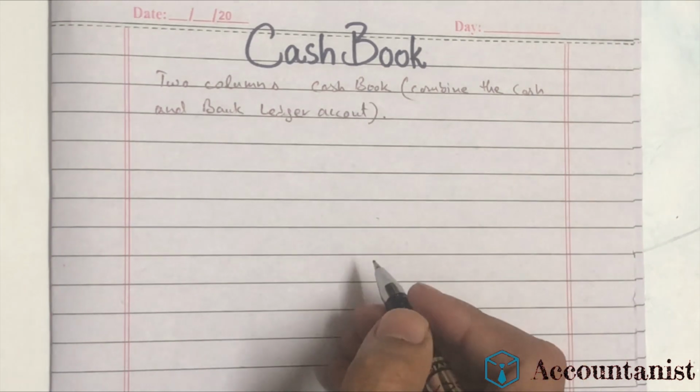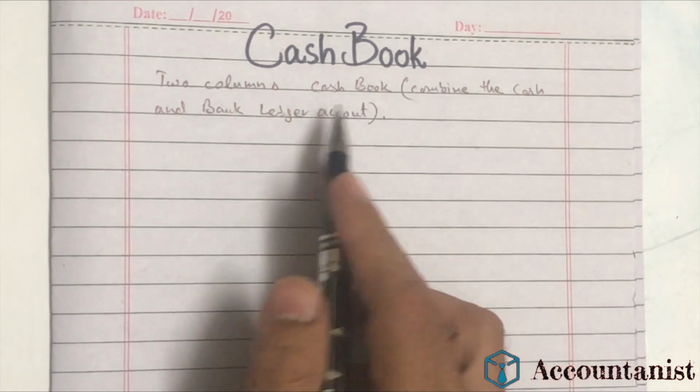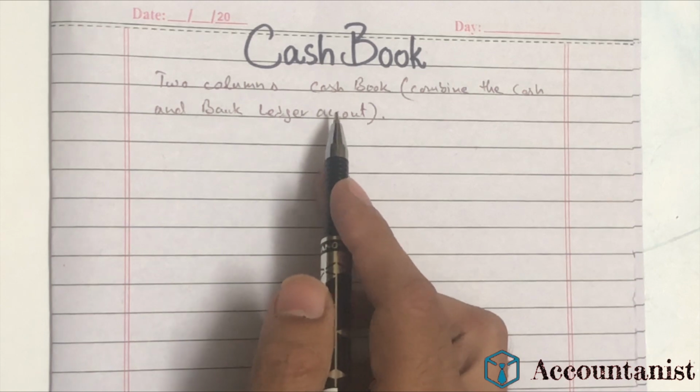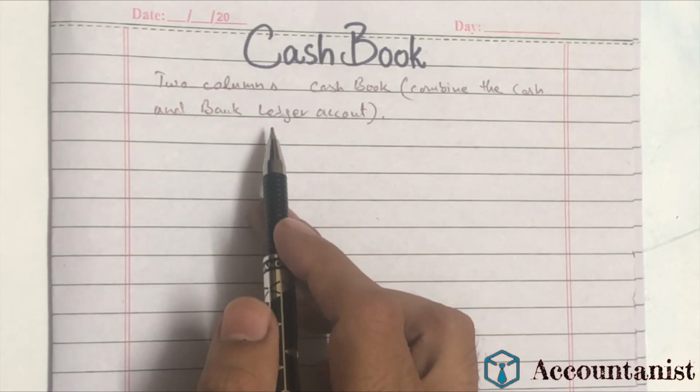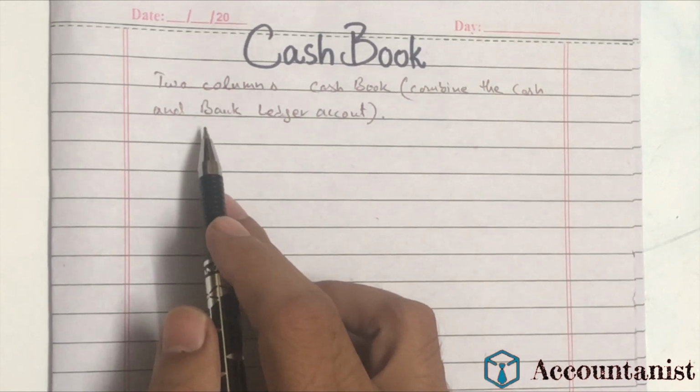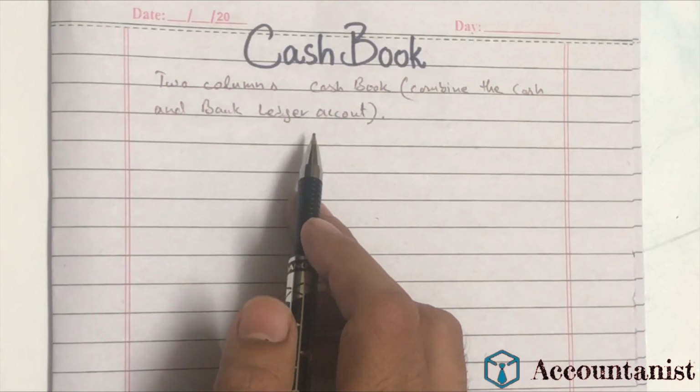This book, cashbook, is to record cash and bank transactions. So for that we are going to combine these two ledger accounts to make a two-column cashbook.